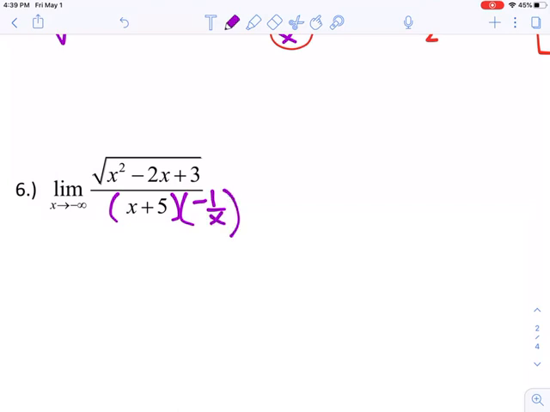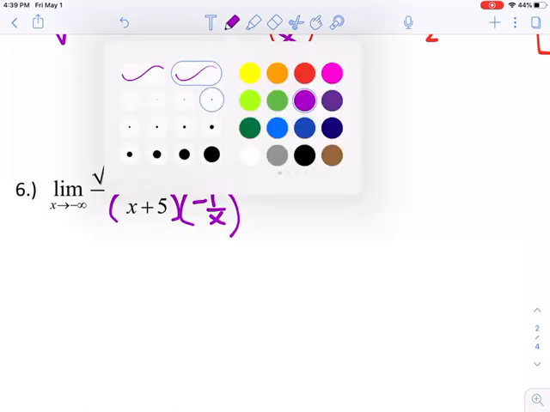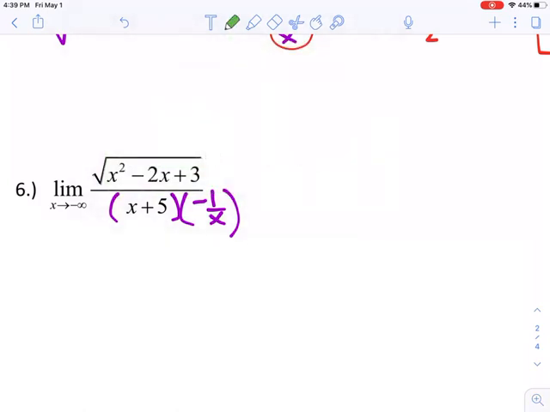But I don't want to multiply the numerator by a negative 1 over x, because that's not going to help me at all. I'm multiplying a number outside a radical with numbers inside a radical, and I can't do that. So what I want to ask myself is, what's another way of writing my negative 1 over x with a square root so I can do my multiplication? Well, I can rewrite this as the square root of 1 over x squared.